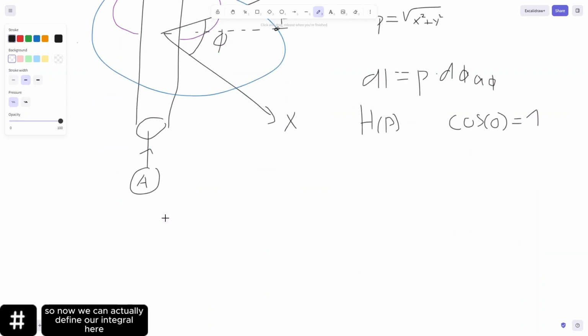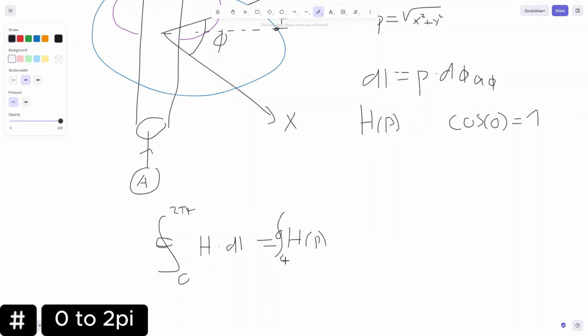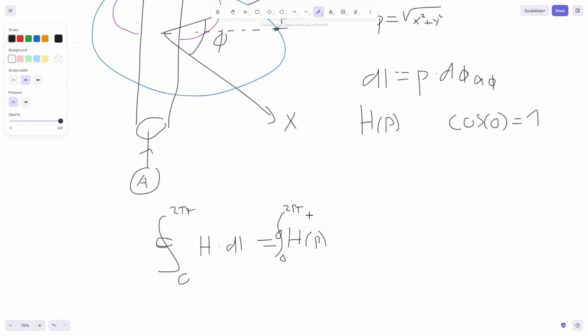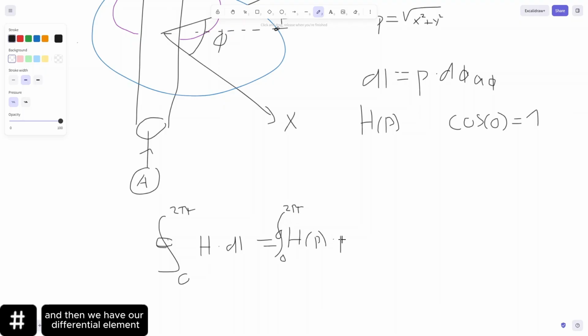So now we can actually define our integral here. If I write it again, we have 0 to 2 pi, that's around the loop. And then let me just write it first as we had it before, times the magnetic field strength times the integral path. And then we can insert our now known facts that it only depends on the radial component p, 0 to 2 pi. And then we have our differential element p times d phi, and it's only for the unit vector phi.